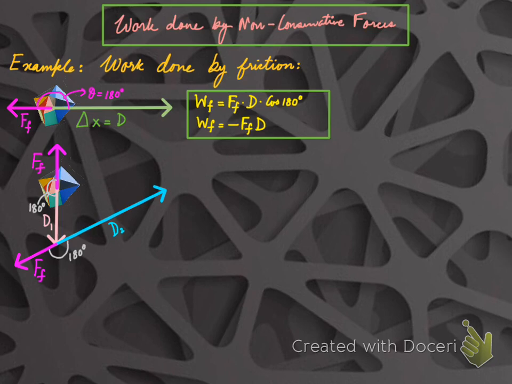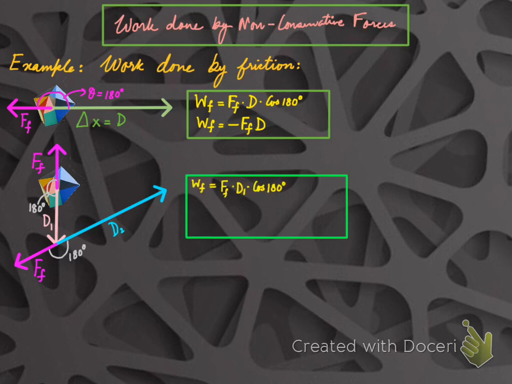Now in each case, the angle between the force of friction and the displacement is 180 degrees. So now let's calculate the work done by friction on the second trip.